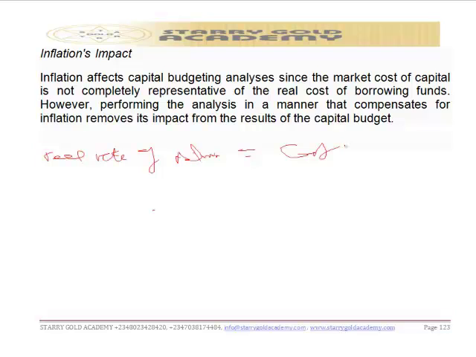When formulating a capital budget scenario with the real rate of return, the answer has been adjusted for inflation. So when a question comes and asks which type of cost has been adjusted for inflation in capital budgeting, it is the real rate of return, or we call it the real cost of capital.